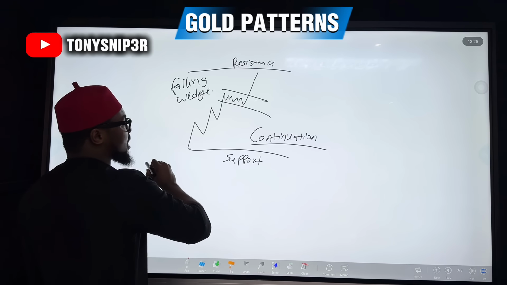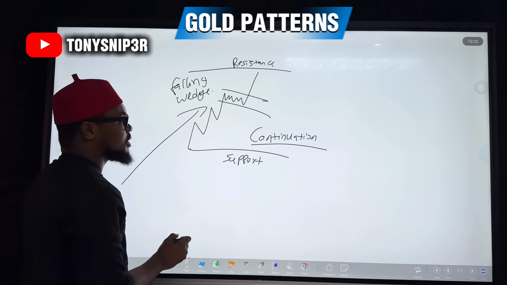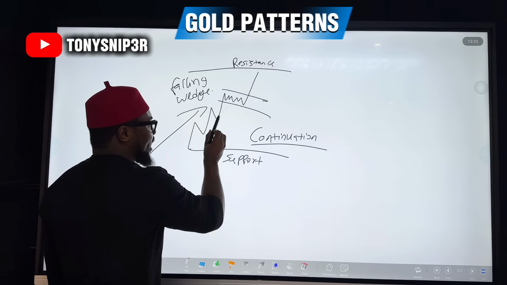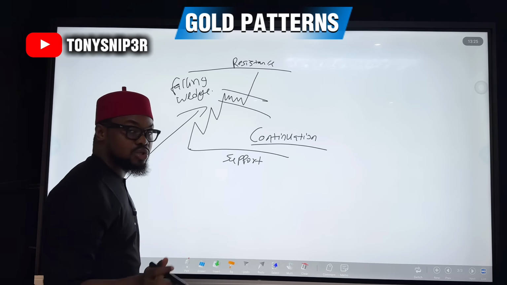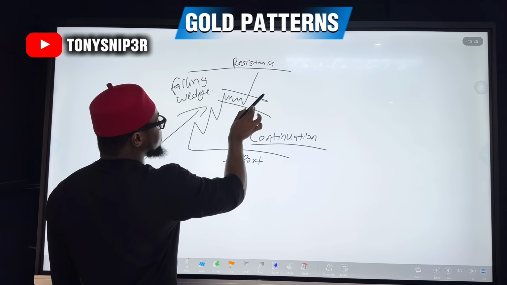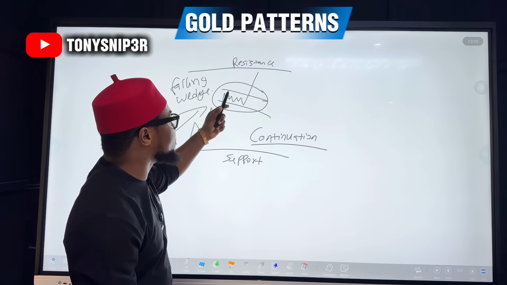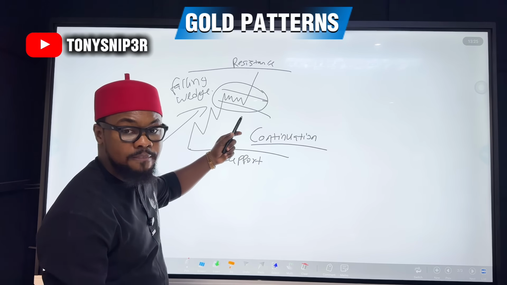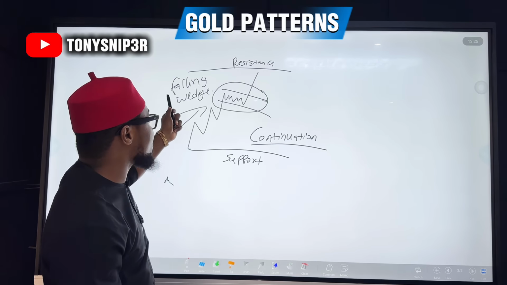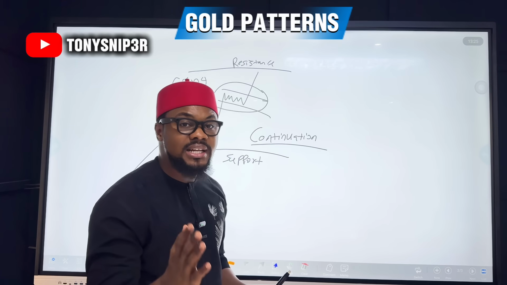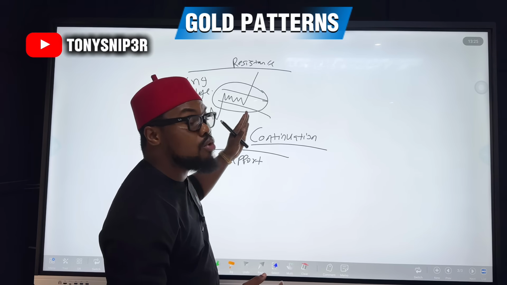Now, this market was actually bullish. It created a higher low, higher high, higher low, higher high, continued pushing to the upside. Then when it got to the middle of the chart, you notice some form of consolidation to the downside. That is what we refer to as a falling wedge. Whenever you spot this, it will likely continue to move in that direction.